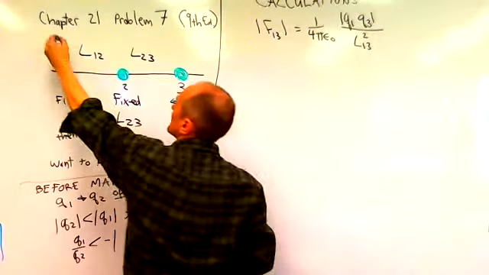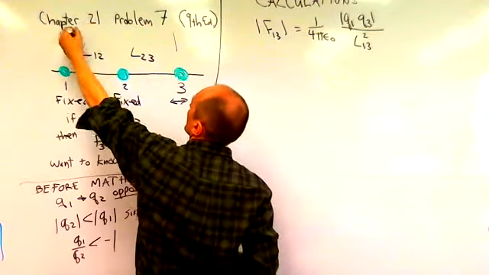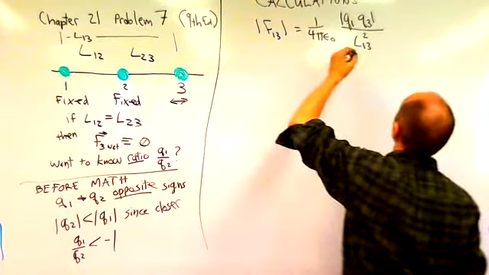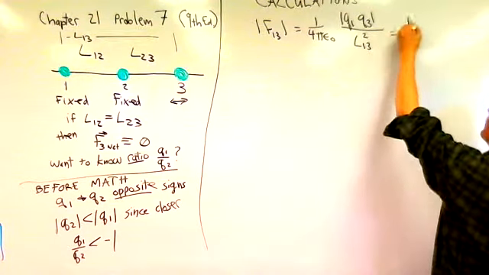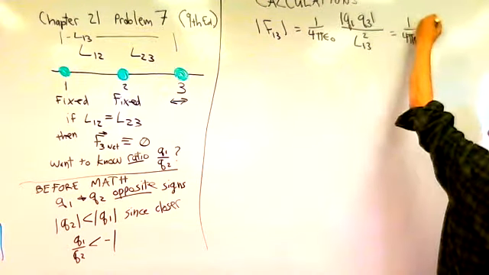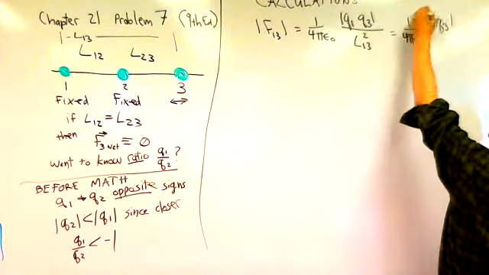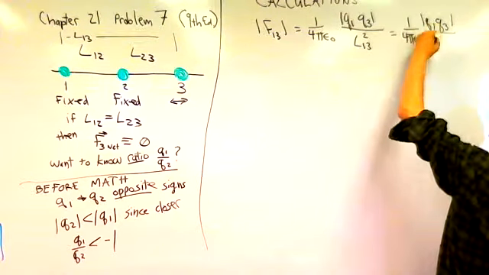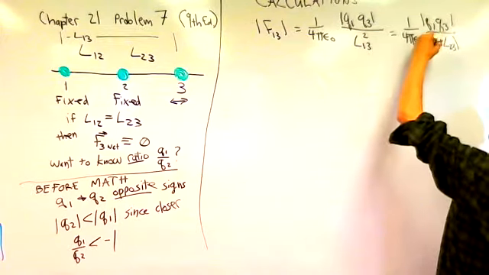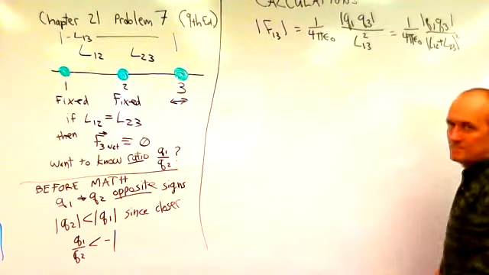And from here, it's clear that L13 is this whole thing. So this is 1 over 4 pi epsilon naught Q1 Q3 over L12 plus L23 squared.